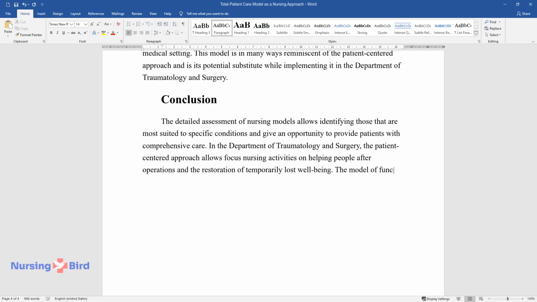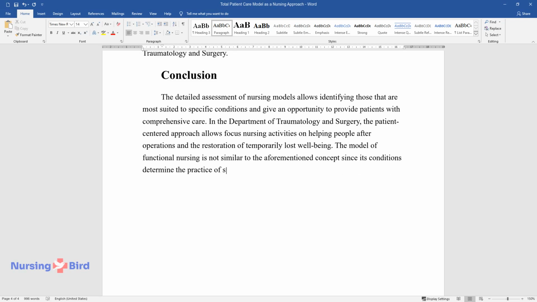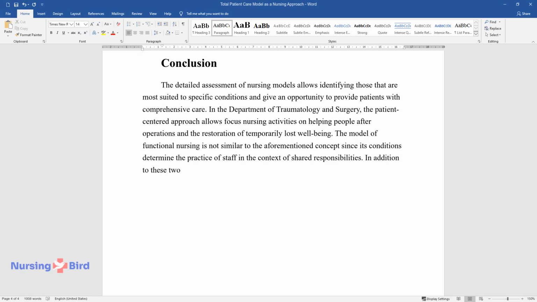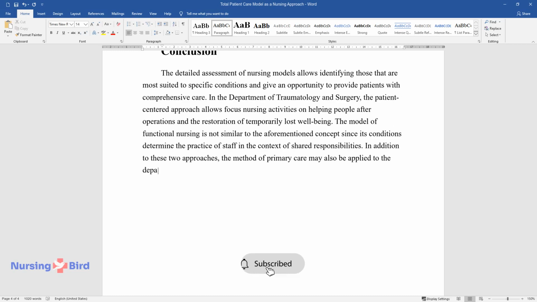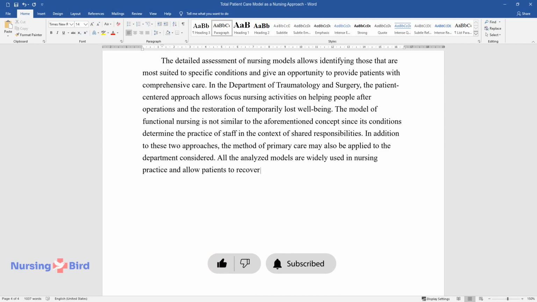The model of functional nursing is not similar to the aforementioned concept since its conditions determine the practice of staff in the context of shared responsibilities. In addition to these two approaches, the method of primary care may also be applied to the department considered. All the analyzed models are widely used in nursing practice and allow patients to recover as quickly as possible.